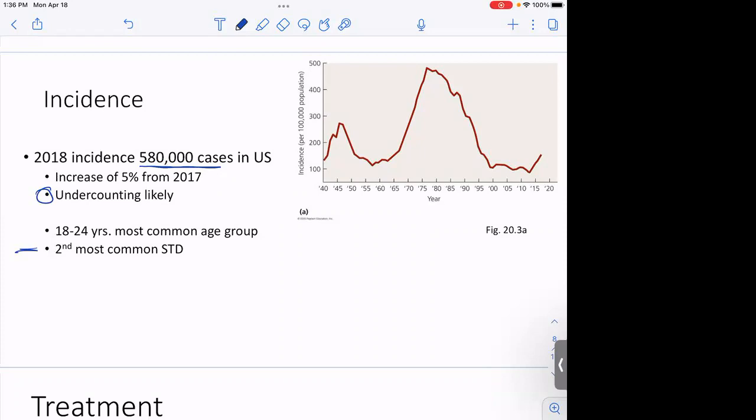And interestingly, there are a couple of different ways that we can express how many people have this infection or any infection. We can say the total number of cases, or, as in this figure in your book, incidence per 100,000. So remember the difference between those two terms, incidence and prevalence.